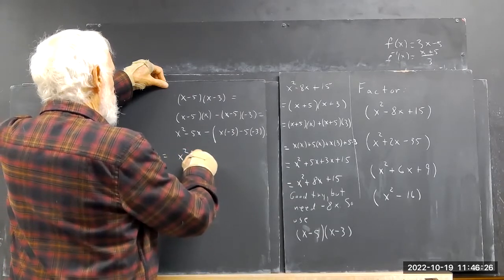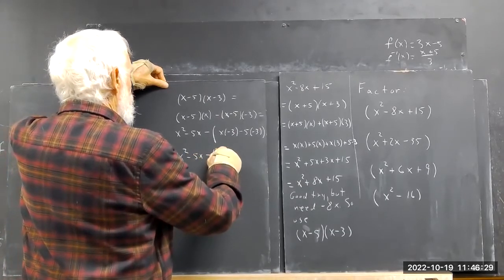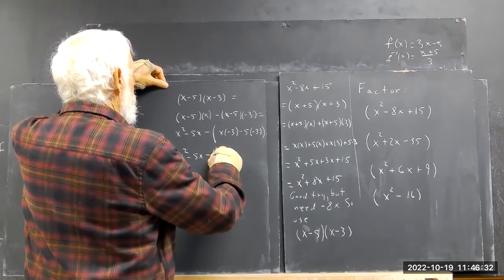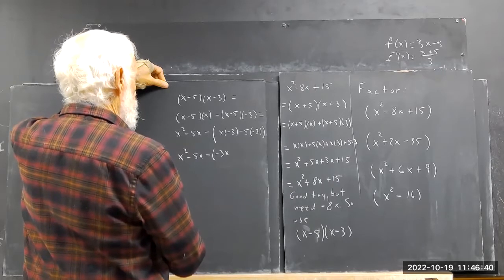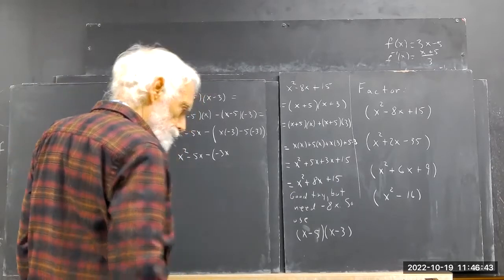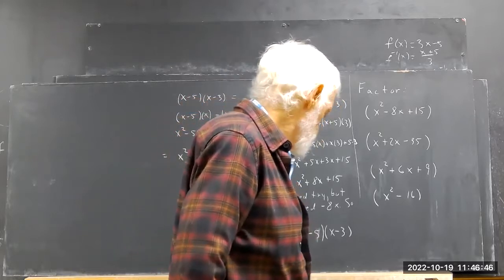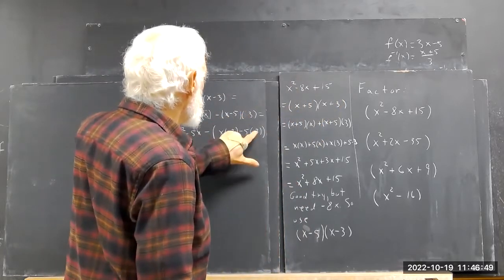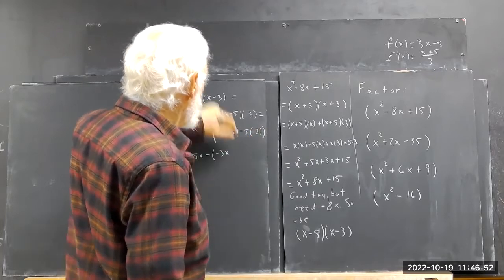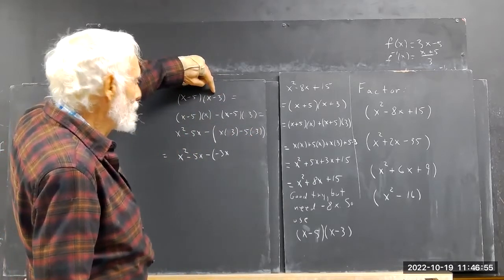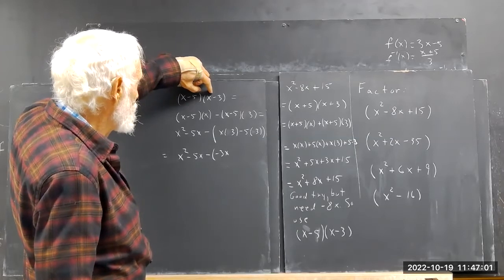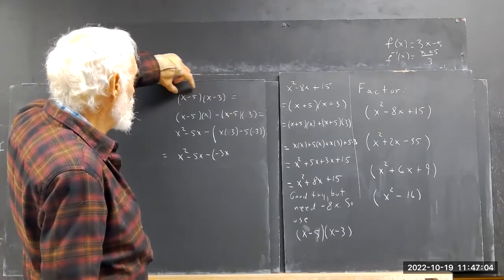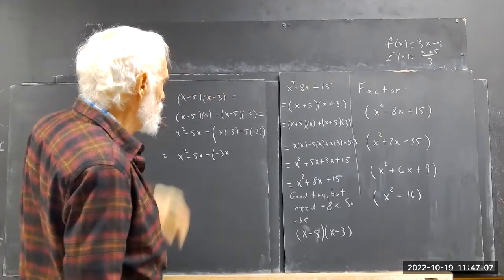We get x squared minus 5x minus... I just did something really complicated. Not times negative 3. The minus here means we're doing x minus 5 times x, minus x minus 5 times 3, not minus x minus 5 times negative 3.